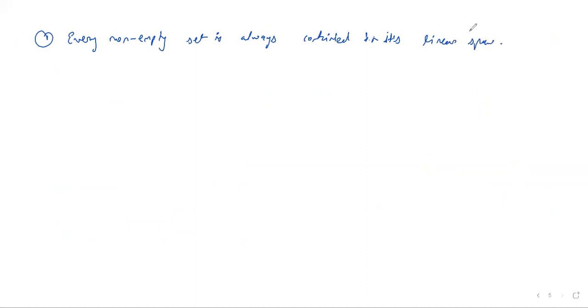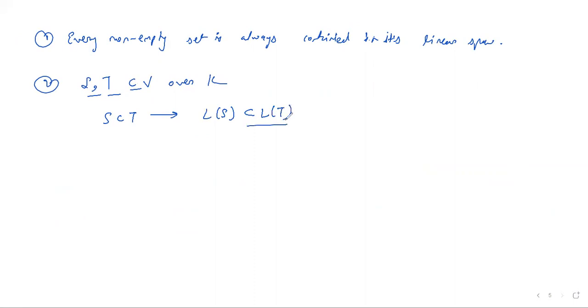And if I have two subsets of V, S and T, which are both finite subsets of V over the field K, then if S is a subset of T, what does it mean? Then the linear span of S is also a subset of the linear span of T.